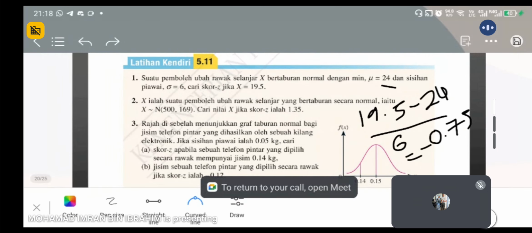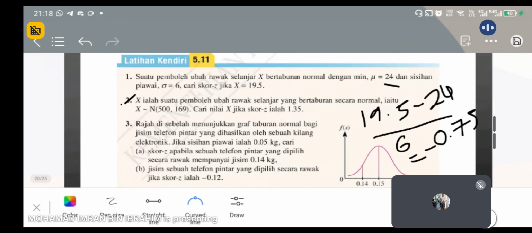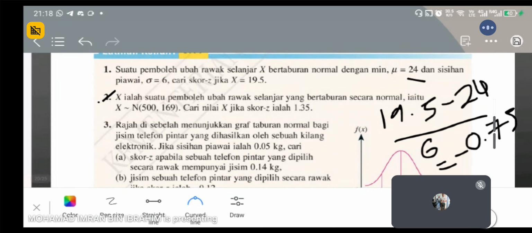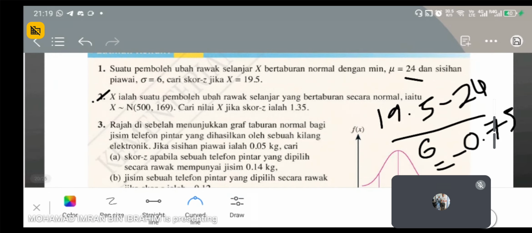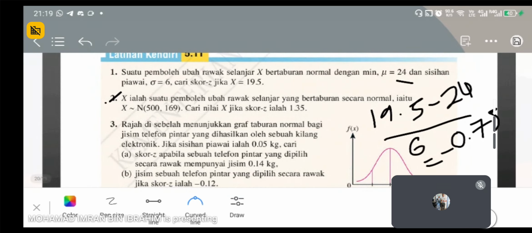Right, after that, we move on to the next question. Just the second one. X ialah suatu pemboleh ubah rawak selanjar yang bertaburan secara normal, iaitu X ialah N(500, 169). Cari nilai X apabila Z ialah 2.3. Alright.